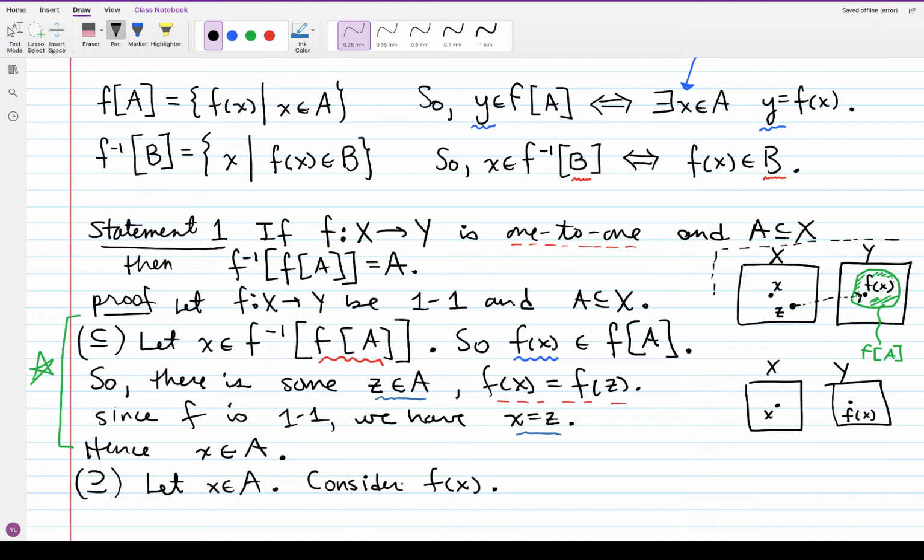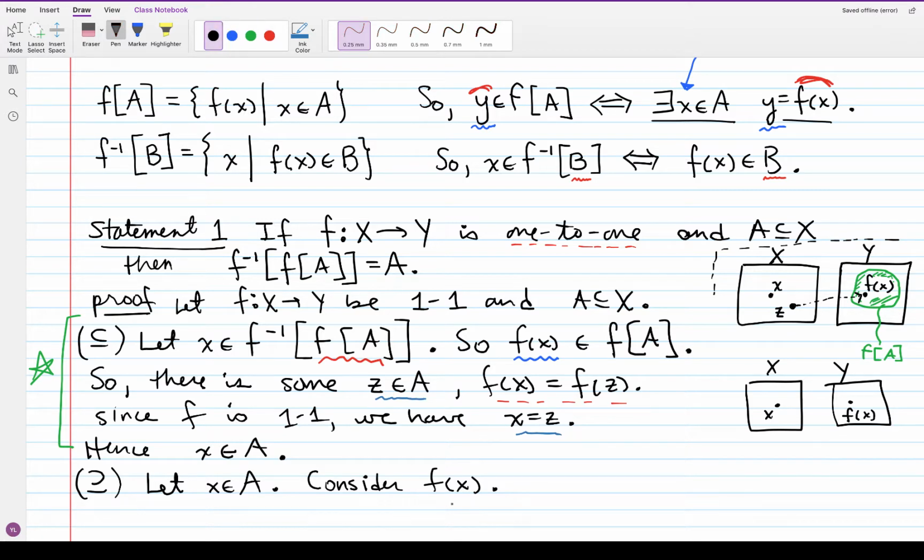And look, if I call that element of the codomain y, then that element satisfies what it takes to be in f of A. Let's look at what it takes. In order to be an element of f of A, there needs to be some x such that y equals f of x. So this y value here, f of x, satisfies the condition to be in f of A.